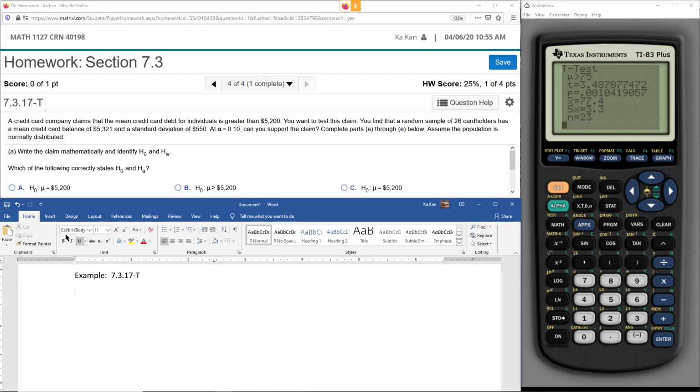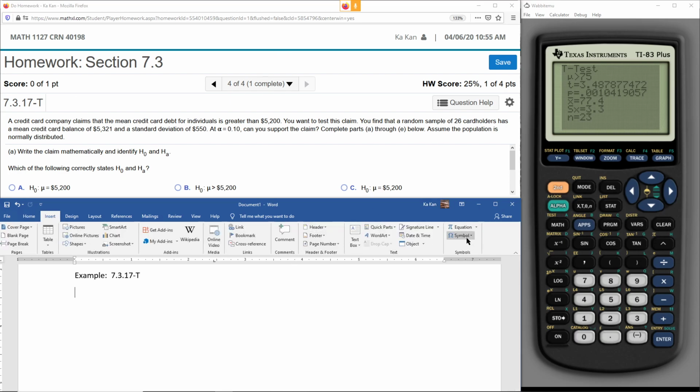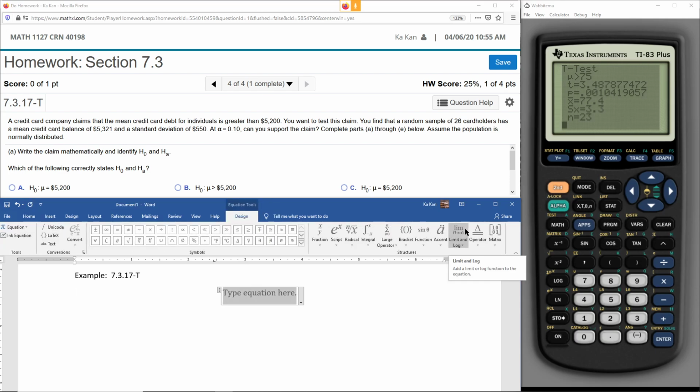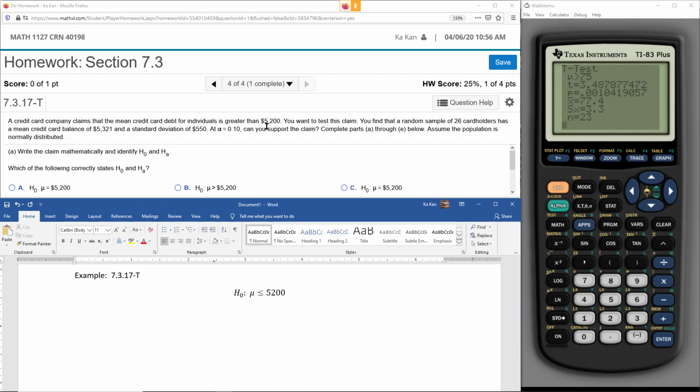So let me go ahead and set up the null hypothesis. The null hypothesis is the mean, in this case, less than or equal to 5,200. And then I'm just going to copy that.